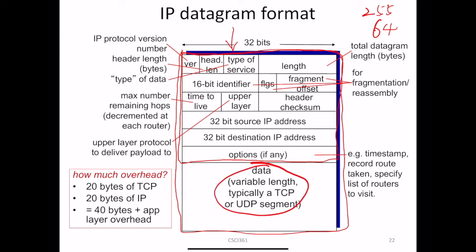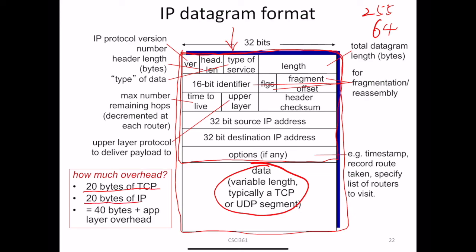And then let's see, when the message on the application layer reaches the network layer, how much overhead will be added to the original data. The first 20 bytes, the TCP header, will be added to the original message.